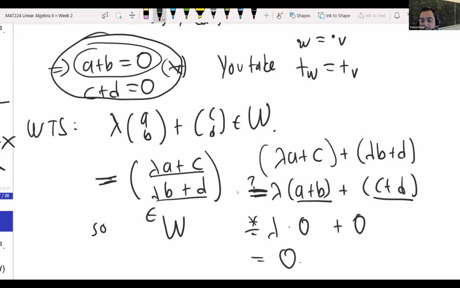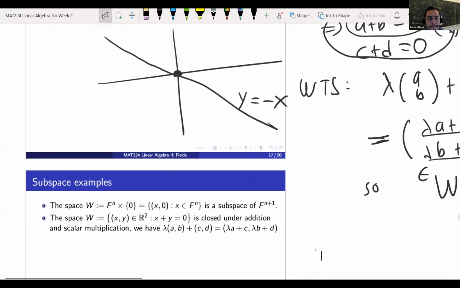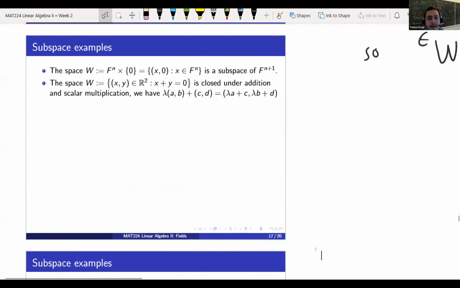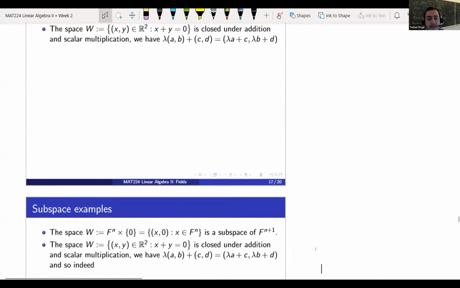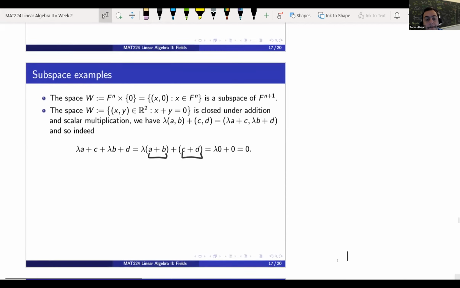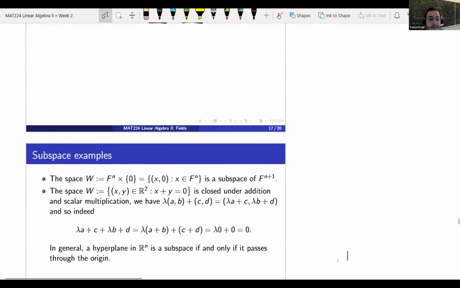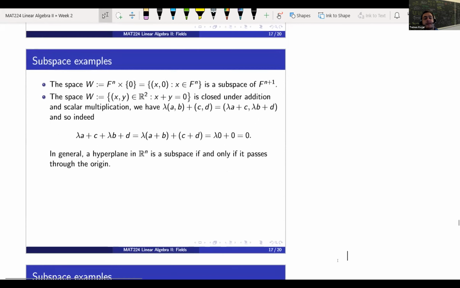Does that make sense? Okay, good. Right, so we have lambda A, B, and C, D, and then we group them given what we know, and we did get 0. So we have that this is a subspace.